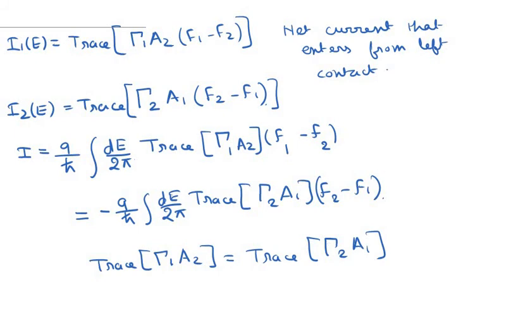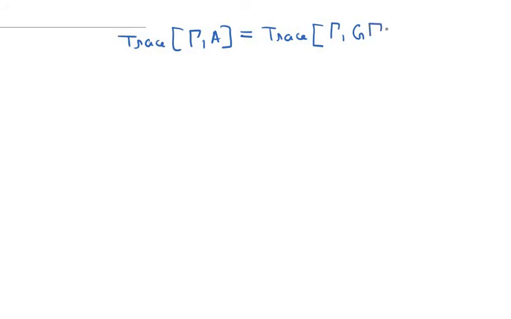Let us see how. So this trace of gamma 1E is basically equal to trace of gamma 1, and then I replace A by G gamma G dagger. So if you remember, this is the expression for the overall spectral function.